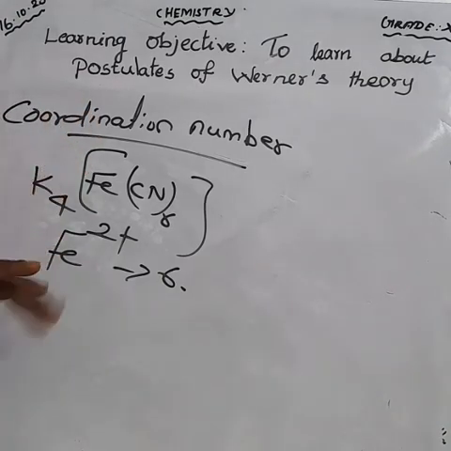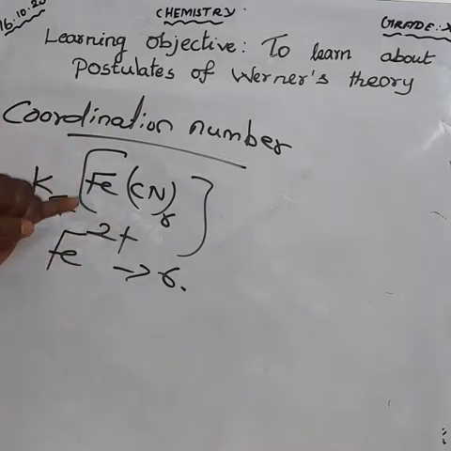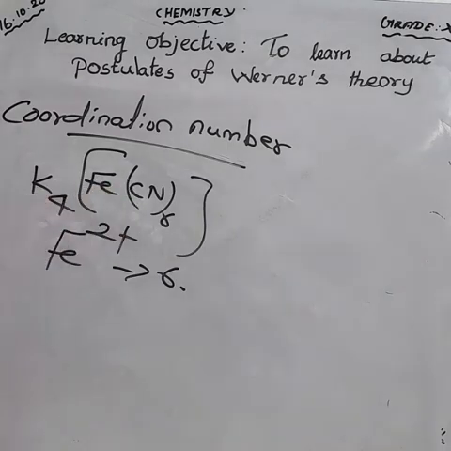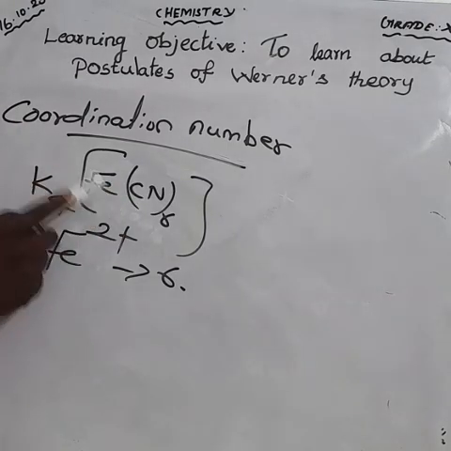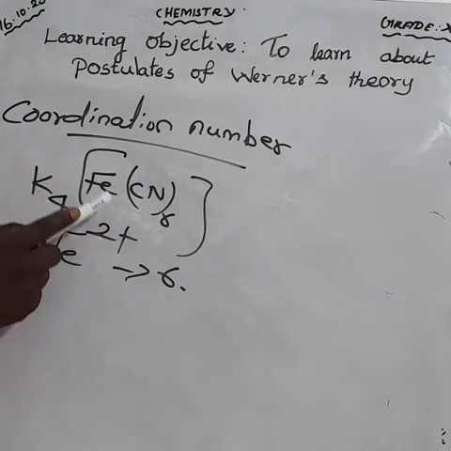In other words, the coordination number is equal to the number of sigma bonds between the ligands and the central metal atom.